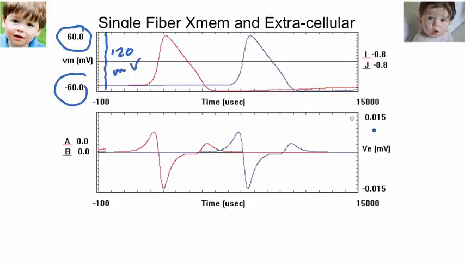In contrast, on the extracellular trace, we have 0.015 and minus 0.015. These are in millivolts. So this is just 30 microvolts. We might say the scale is maybe 1/100th as great for extracellular as for intracellular.